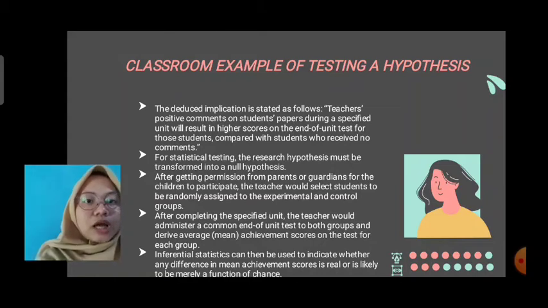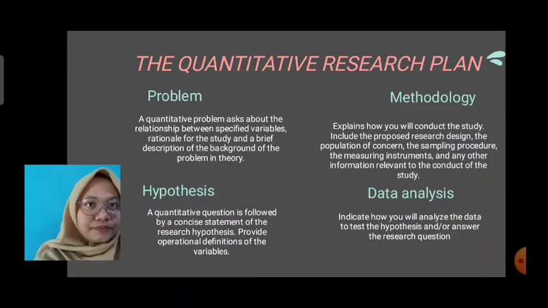Fourth, after completing the specific unit, the teacher would administer a common end of unit test to both groups and derive the average achievement score of the test for each group. And then inferential statistics can be used to indicate whether any difference in mean achievement score is real or is likely to be merely a function of chance.